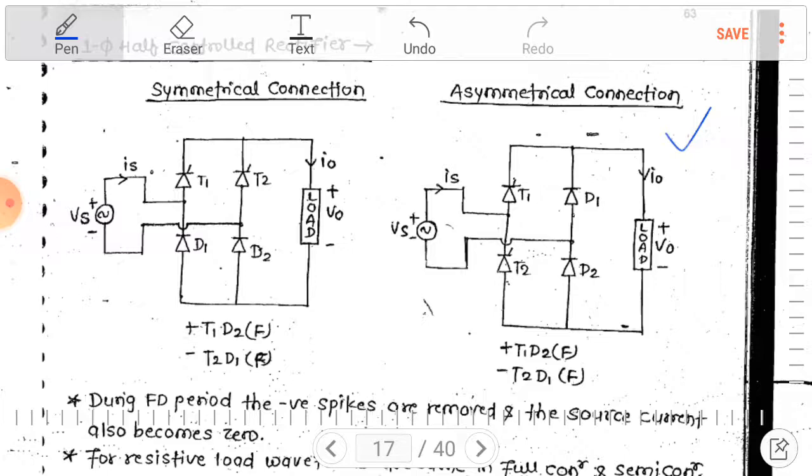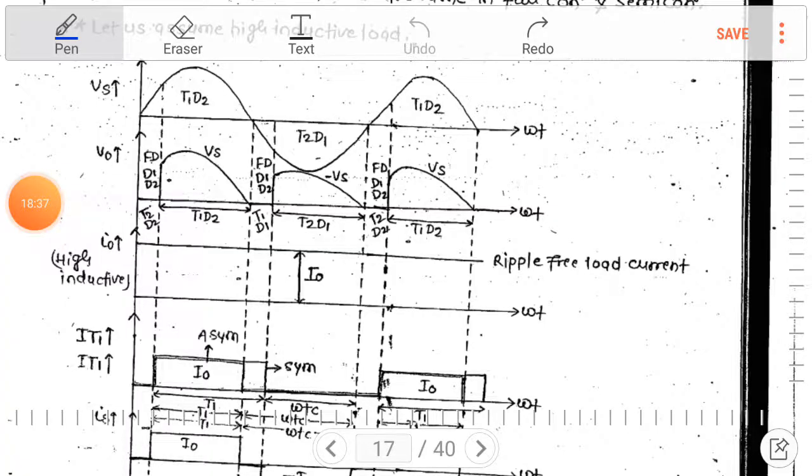To avoid this we prefer asymmetrical connection. For both types of connections T1 D2 and T2 D1 are used to get the output voltage waveform, and in the freewheeling period D1 D2 for asymmetrical connection and T1 D1 or T2 D2 for symmetrical connection are observed.